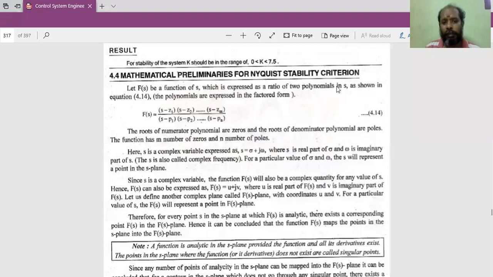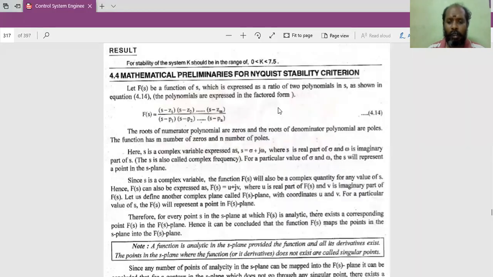Good morning. Today we are starting our discussion on a new topic called Nyquist stability criteria, and this is coming under the fourth unit of our syllabus, where we'll be focusing on the definition for Nyquist stability criteria and some related problems, how to implement or use this Nyquist stability criteria to comment about the stability for a given transfer function.